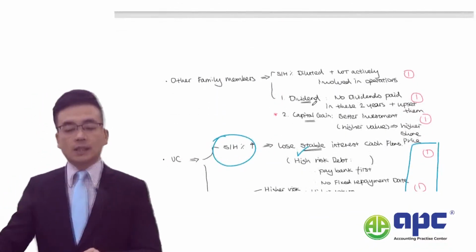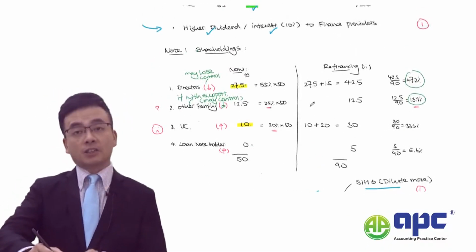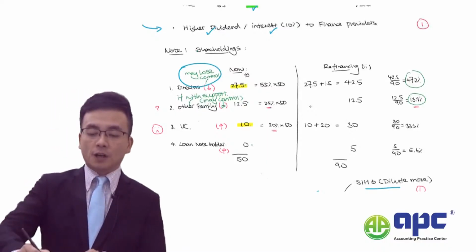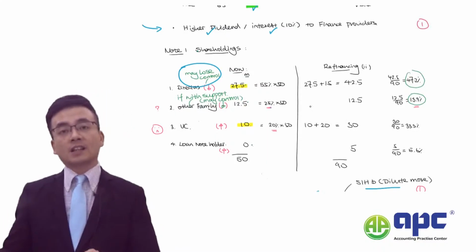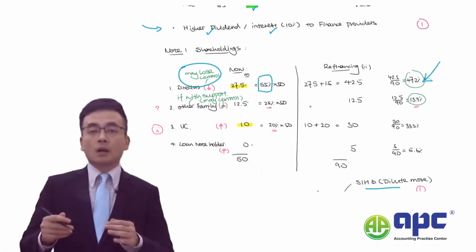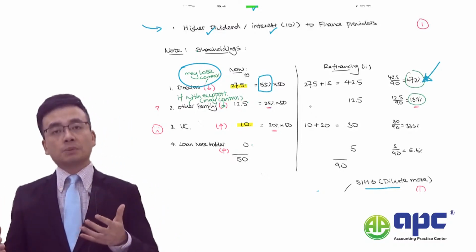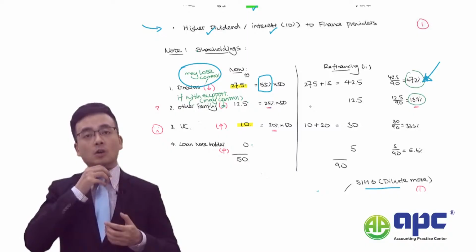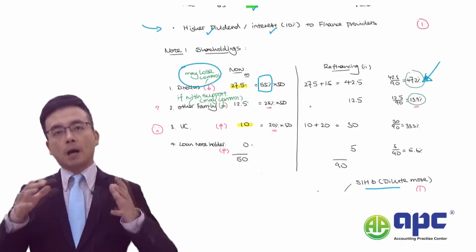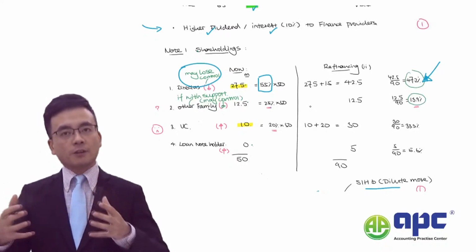Now, of course, as I said, we can also pick up another mark that the directors may lose control over that company, because as you can see, instead of holding more than 50% shares in that company, now they hold less than 50%. Of course, in real life, in determining whether or not you've got control over that company, it will also be based on the past general meetings, shareholders voting.